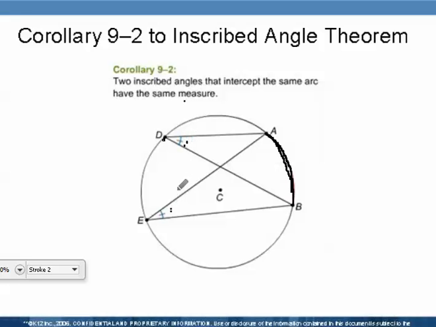These two angles are congruent angles. They have the same measurement. That's a corollary. You don't have to prove corollaries. You can look at it and say, well, that's obvious. We're not proving this. We're just showing you these two angles are always congruent to each other.